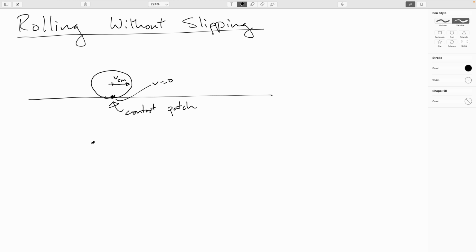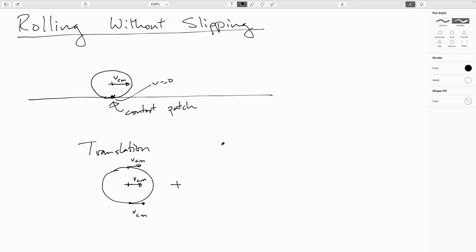So if we think about just the translation by itself, so no rotation whatsoever, we could look at, say, these 3 points right here, and all those points would be moving at V_CM. But the problem is I need this one to add up to 0.